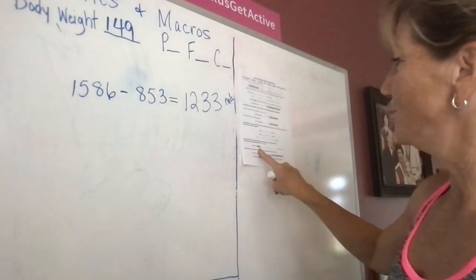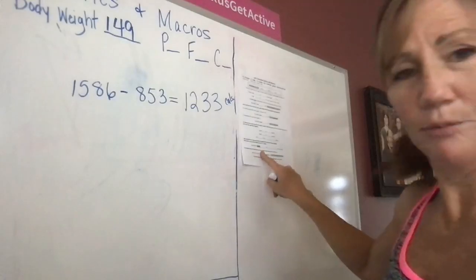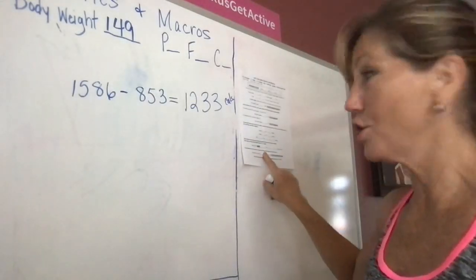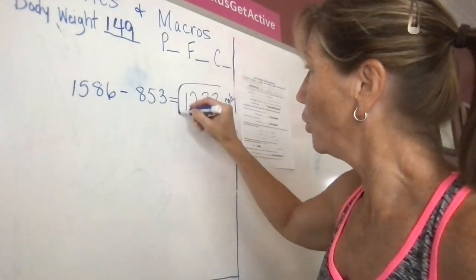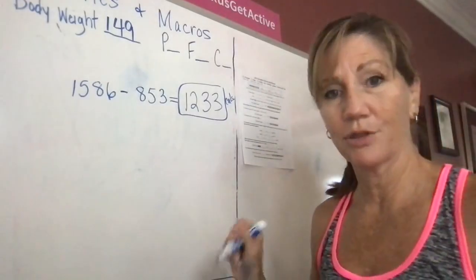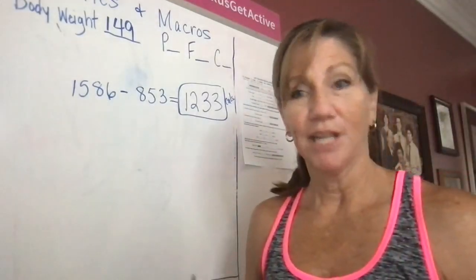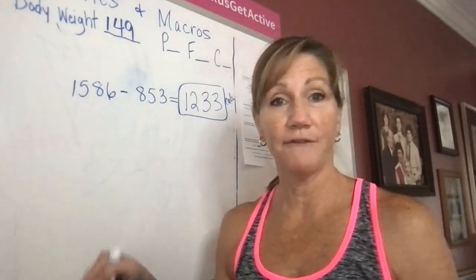So now we want to do this final thing, to figure out, it says to calculate how many grams to count for carbs. It says to divide the total number of calories allowed through carbs by 4. Again, we're going to say carbs have a calorie count of 1 gram equals 4 calories.